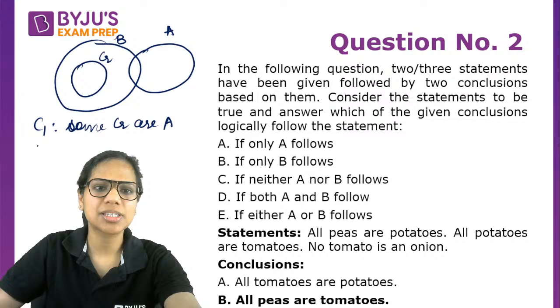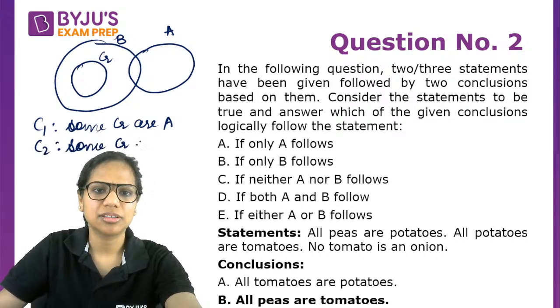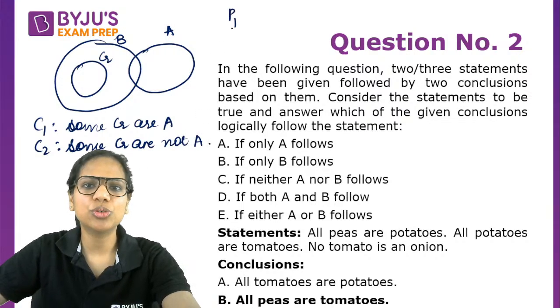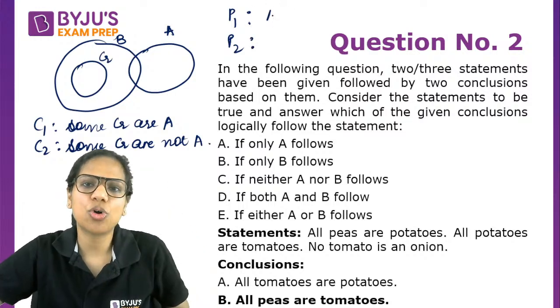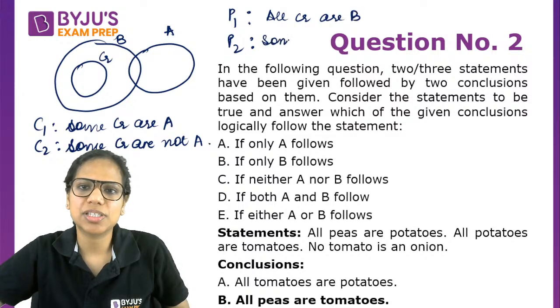Conclusion 2 says some crows are not animals. Tell me, individually, do they follow?